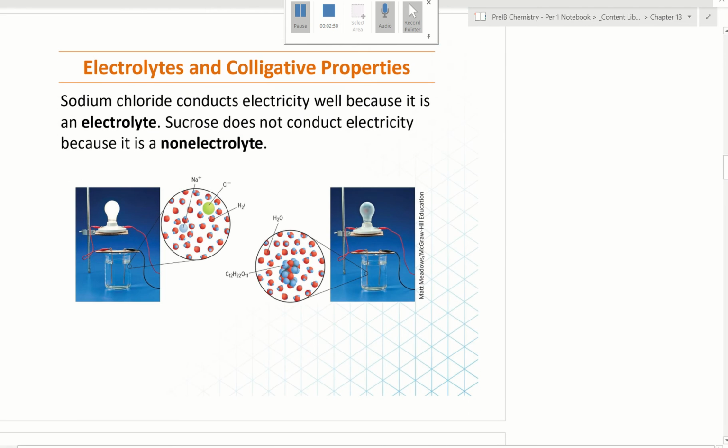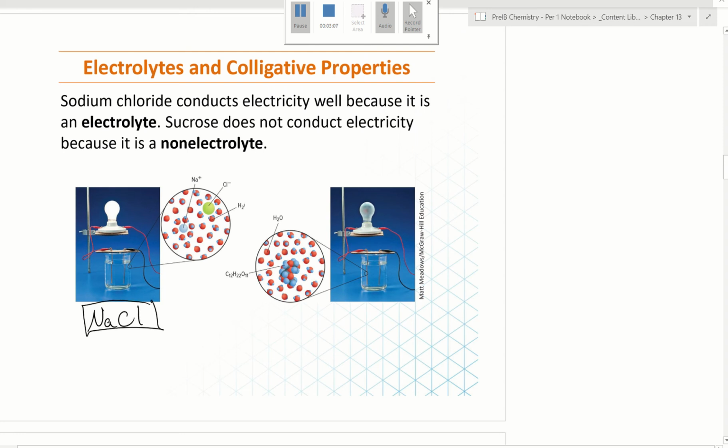Now there are two types of solutes we need to be familiar with: electrolyte solutes and non-electrolyte solutes. An electrolyte solute is something like sodium chloride.